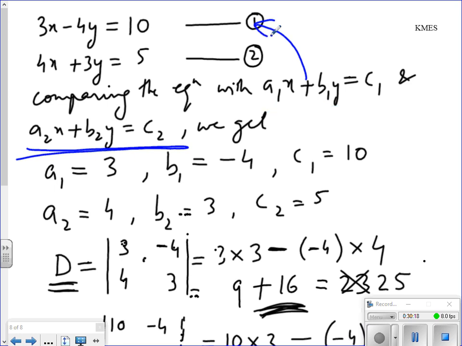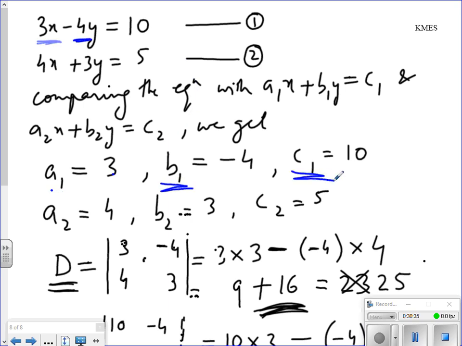When we compare this equation with this equation and that equation with that equation, we get a1 as 3, b1 as minus 4 and c1 as 10.